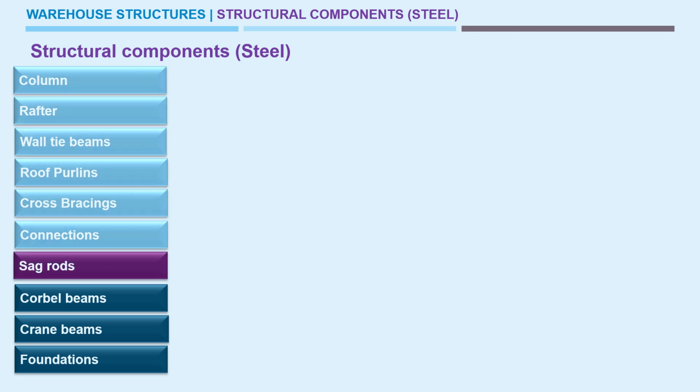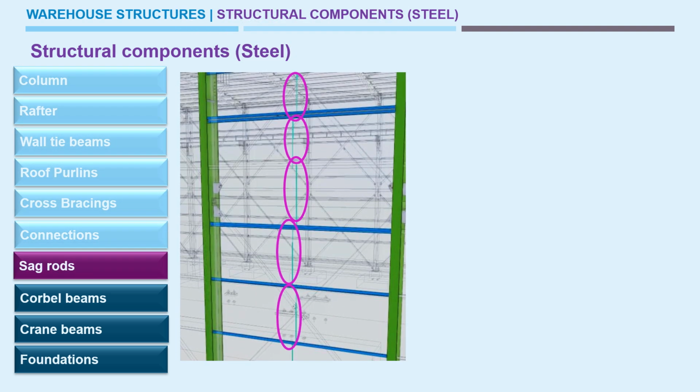Coming to the sag rods, as you know, the wall ties and the roof ties are connecting between the column and the rafter. Due to the heavier span, the wall tie and the roof tie tend to bend a little bit.